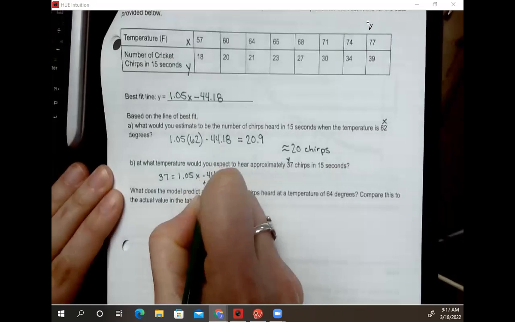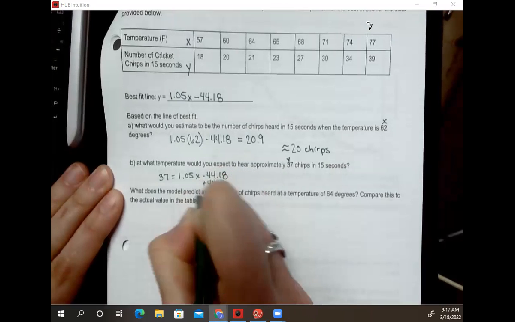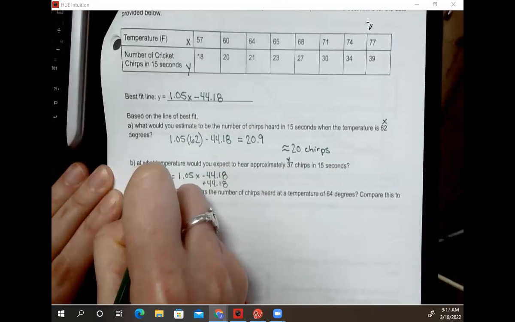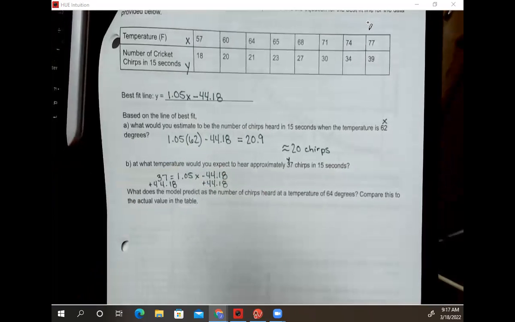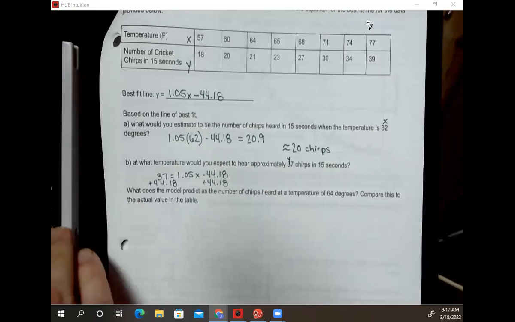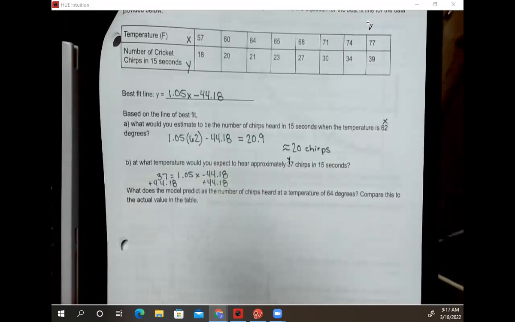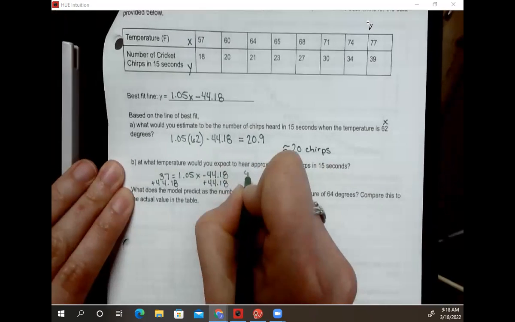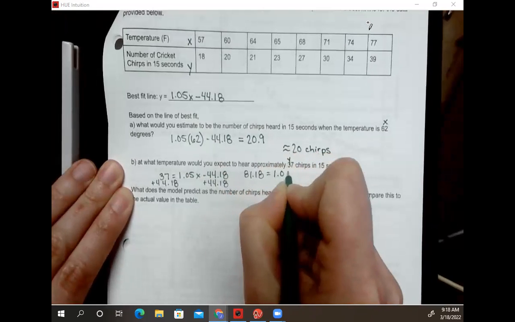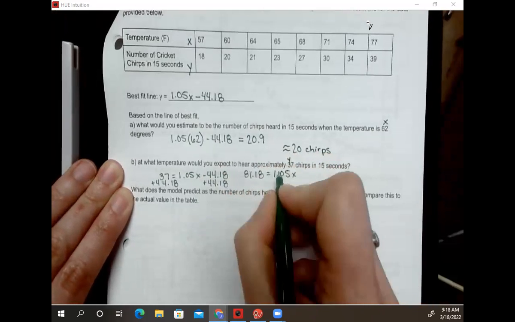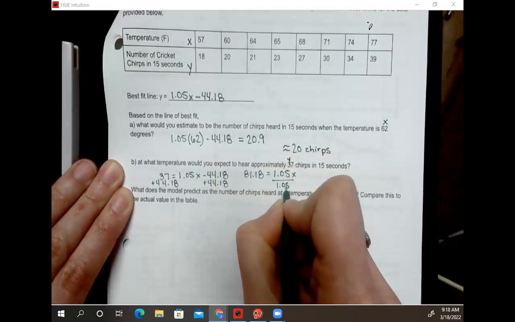So I will look at how to use a graph for this part as well. Okay, so I'm going to go ahead and start solving for x. This would get me 37 plus 44.18 gives me 81.18 equals 1.05x. Divide both sides by 1.05.